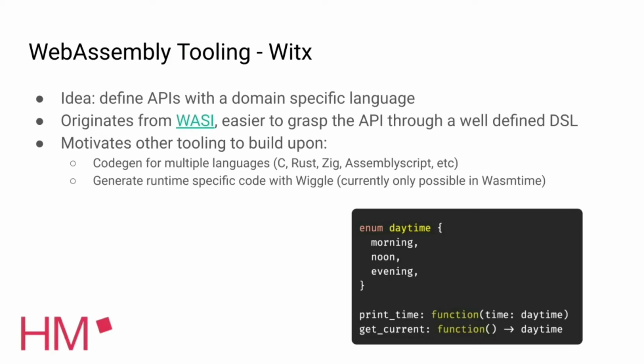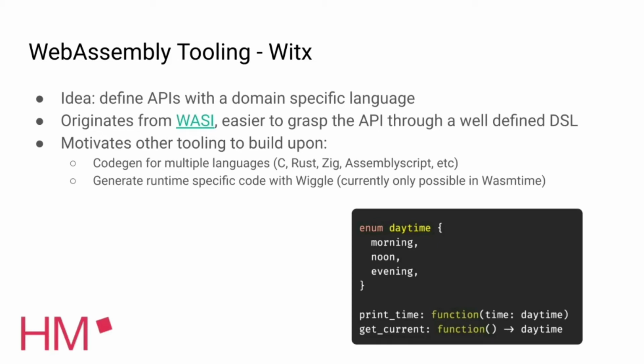The idea here, and this is Witx, is to define APIs in a DSL, a domain-specific language. This project originates from WASI, and the idea is that it's easier to grasp the API, especially in the context of an environment that supports many high-level languages.